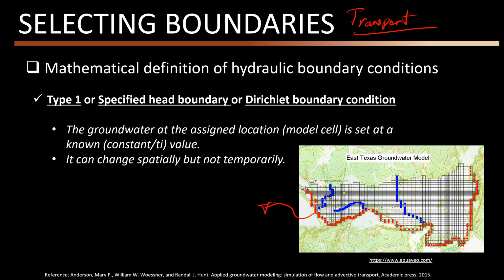Whatever is happening within the system, the head in those cells is always known. For example, the head there is 10 meters. It doesn't mean that all cells use 10 meters; at the cell beside it, the head would be, for example, 10.1 meters.